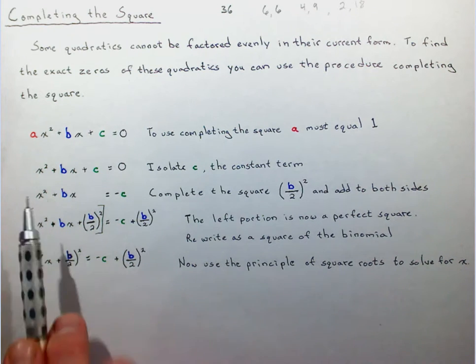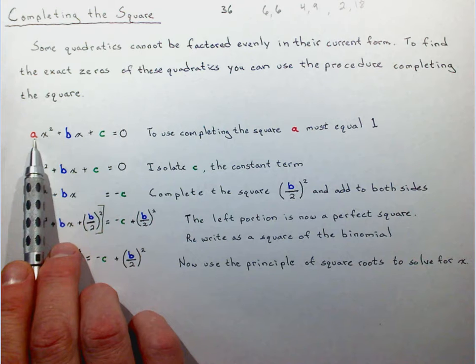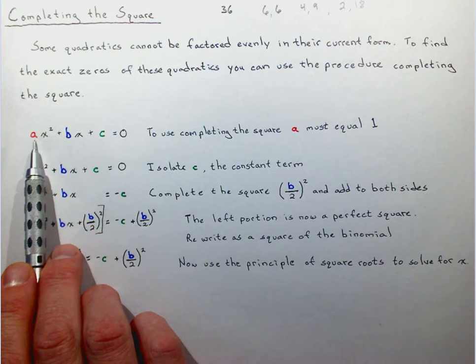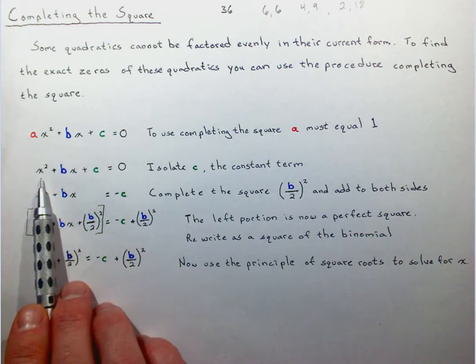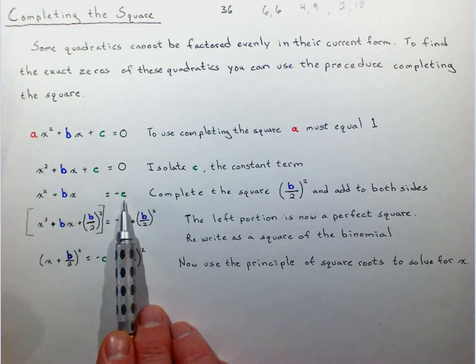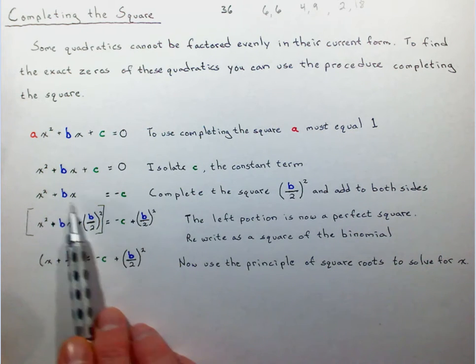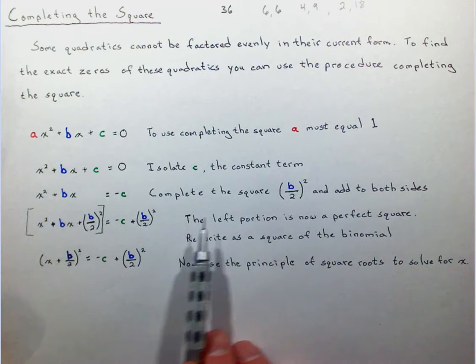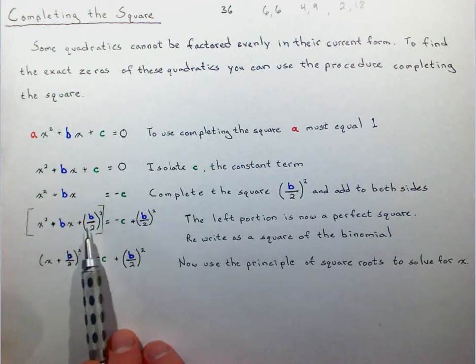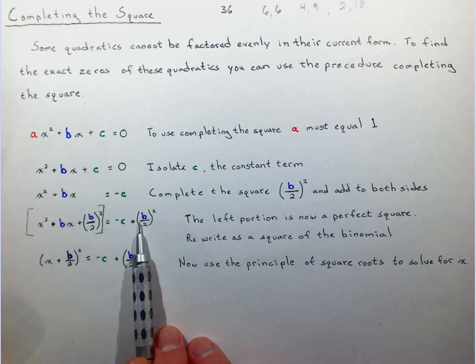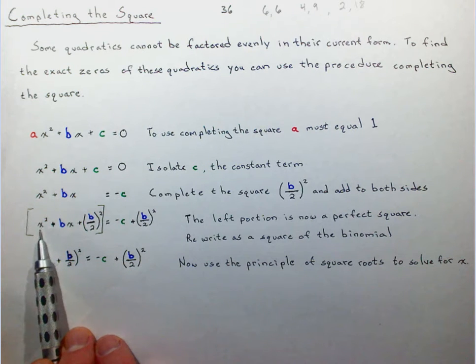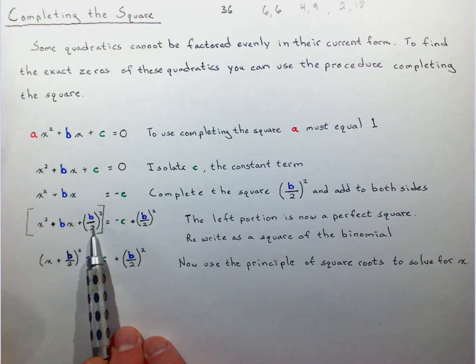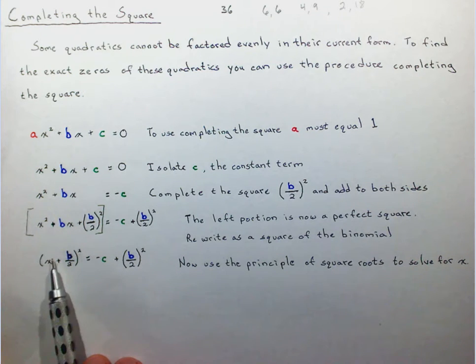Very briefly, first thing to do is to make sure that a does not equal any other value besides 1. Next, isolate c. Then I'm going to take b and divide it by 2 and square it. And I'm going to add it to both sides of the equation. And then I simply take the unsquared version of these two values, put them in there and square them.